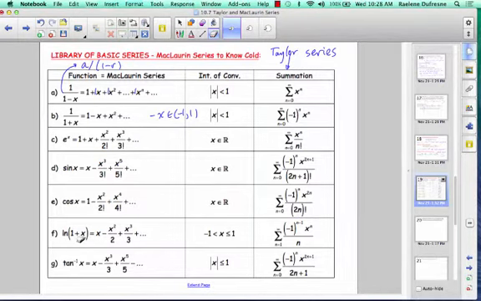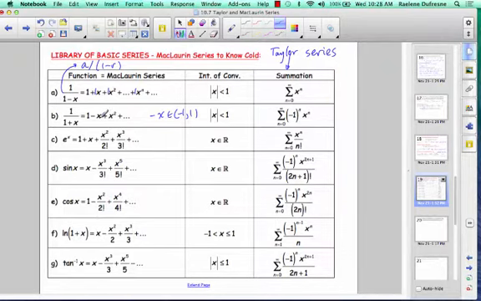Ln of 1 plus x, we can see, is the antiderivative of b, and so we should remember that we can always generate power series by algebraic compositions of more basic power series, or by integrating or differentiating other basic power series. So if we were to take the antiderivative of b, we would get f. And if we take a look term by term, the antiderivative of 1 with respect to x is x.